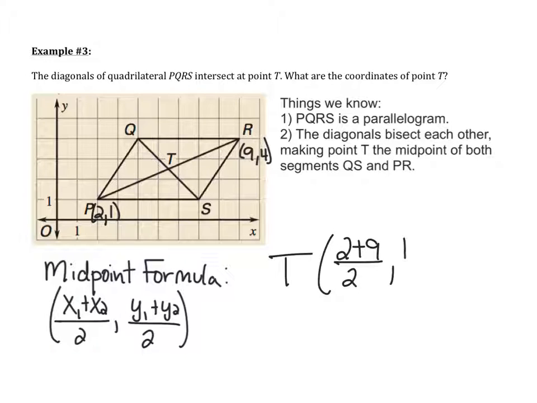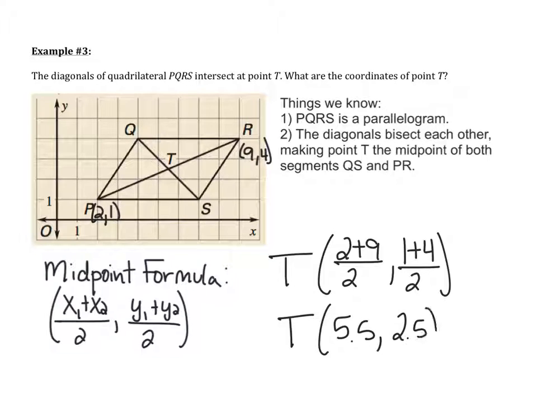Then we're going to add the y's together, 1 plus 4, and divide by 2. So that means that T is at, well, that'd be 11/2, which is 5.5. And then it would be 5/2, which is 2.5. So the coordinates of point T, again, the midpoint of PR or QS, depending on whichever one you want to do, would be at 5.5 and 2.5.